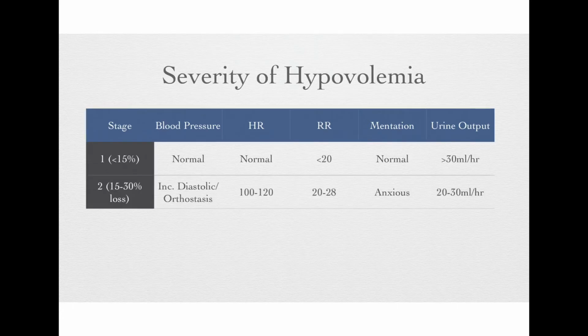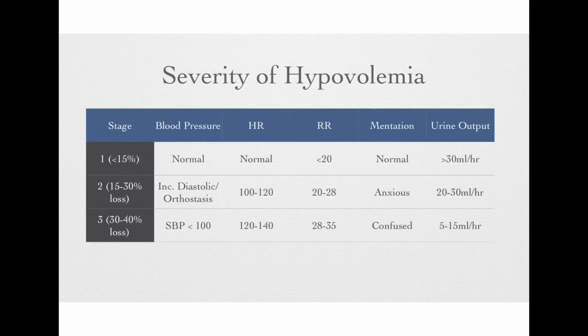Once the patient has lost 15 to 30% of their blood volume, we'll be able to notice orthostatic hypotension, an increase in diastolic blood pressures, increase in the heart rate slightly, slight increase in the respiratory rate, anxiety, and a slight drop in the urine output, around 20 to 30 cc's per hour.